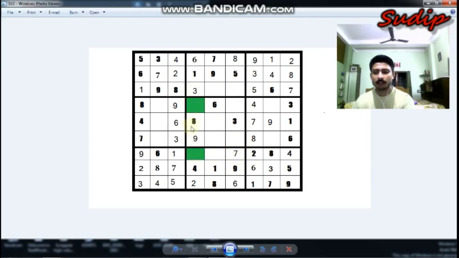This line has a 7 left. Now 7 is here, so 7 must not be here, and a 7 will be here. Only one thing left here is a 5, and the only thing in this line left is a 3.